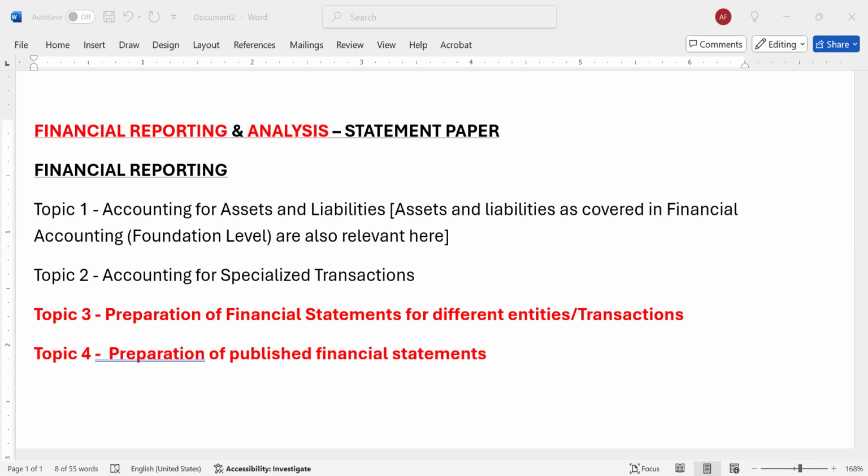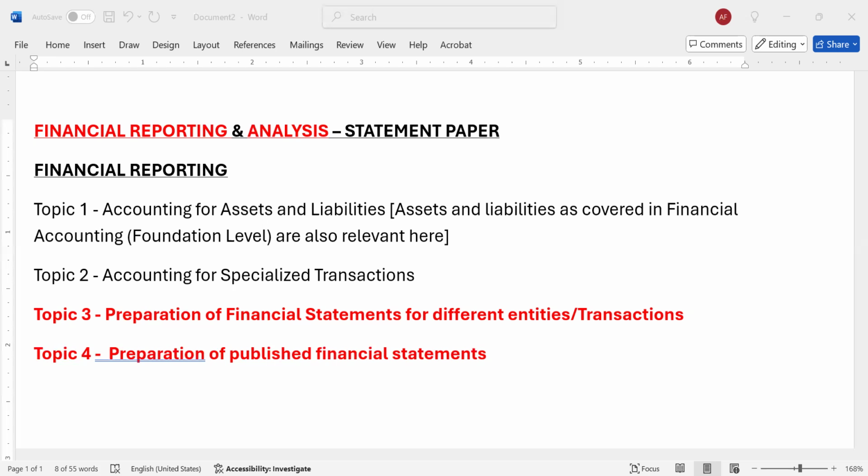At the same time, there are other concepts that you must be very familiar with. Still under preparation of published financial statements, there is the concept that you normally refer to as events after the reporting period. There is the concept of discontinued operations. Talk about accounting policies, changes in accounting estimates and errors. All these items are under published financial statements.